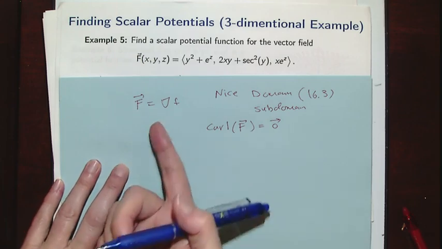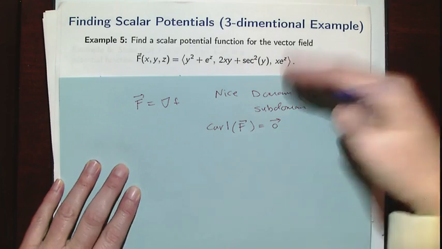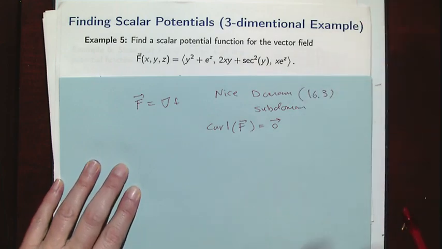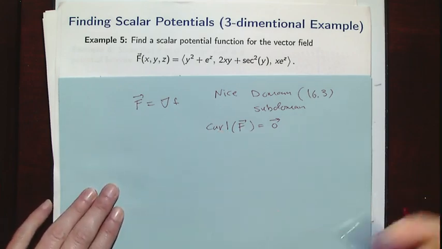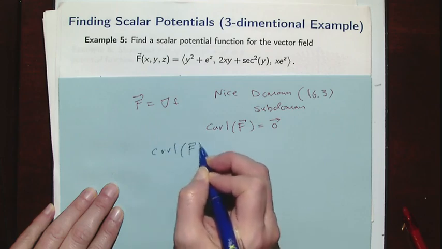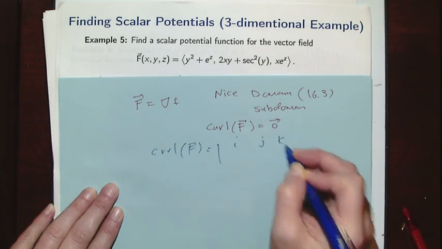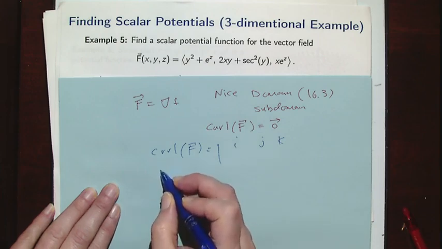So now, if F is equal to the gradient of f, and these two conditions are satisfied, and I'm saying this is going to be okay, just don't worry about it. I'll find a subdomain for now. Check the curl of F by checking this. With i, j, k. Curl of F, curl comes with what? Cross.